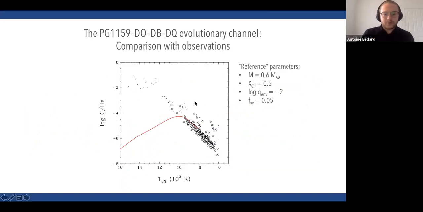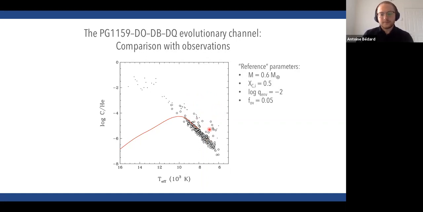Here there are no biases, but underneath here, I think the carbon visibility limit is somewhere here. So maybe there are DQs that we simply don't see here, that we don't detect the carbon. But at least, for example, we can still say that there cannot be a very large amount of overshoot, because we would observe DQs here if it were the case.